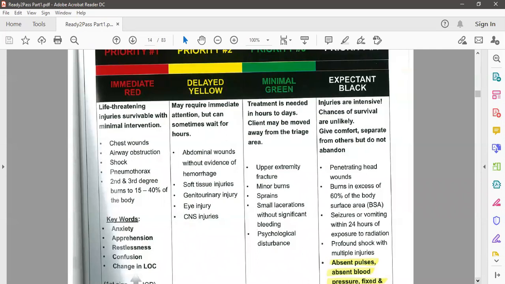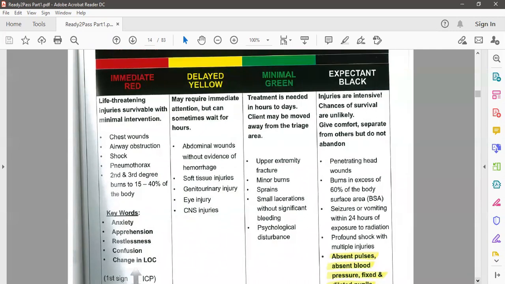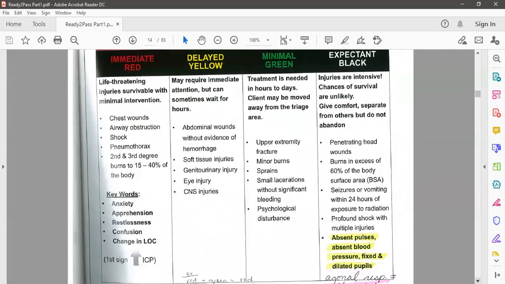Or profound shock with multiple injuries, or absent pulses, absent blood pressure, dilated pupils, all are signs of danger. They are going to die. So they are black tag or class number 4.